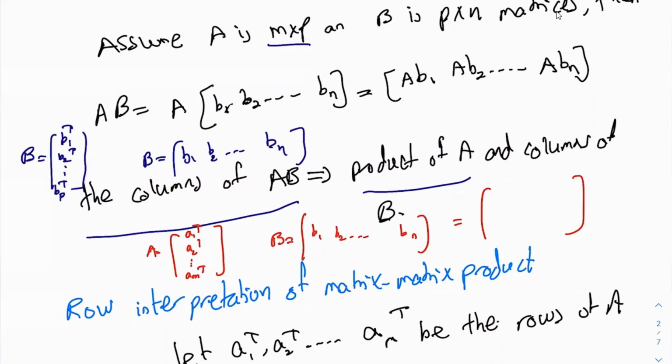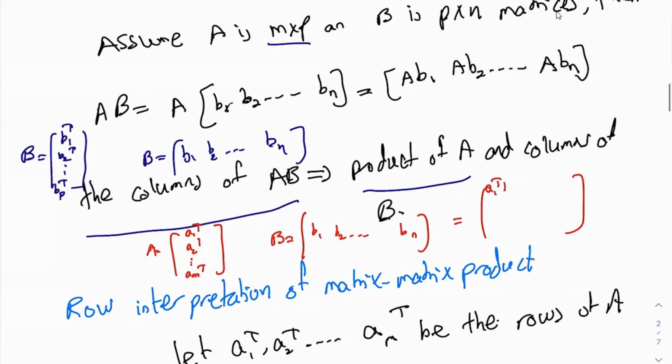So we're gonna get the first row of A, which is A1 transpose, times the first column of B, then second column of B, all the way to nth column of B. Okay, good. Well, then what is the second row of AB?